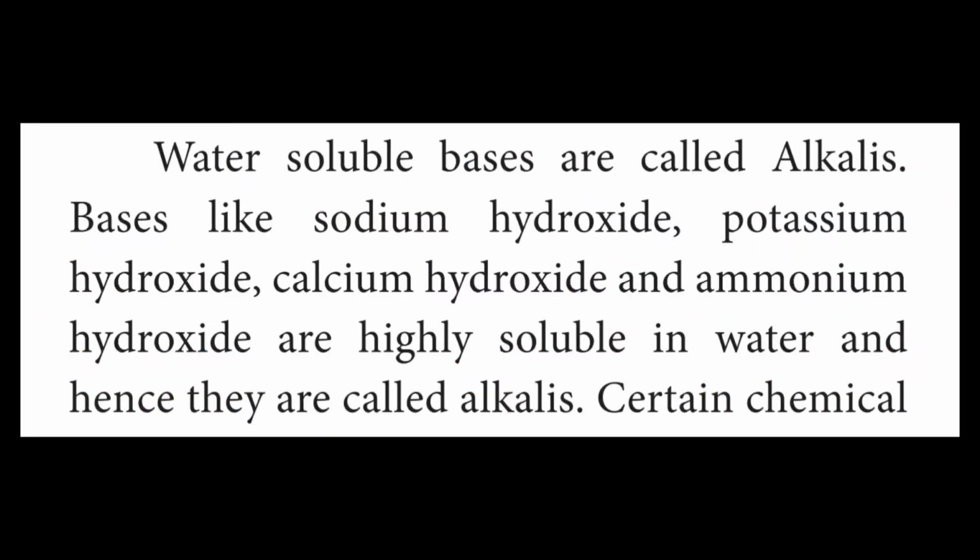Some bases are soluble in water. So, water soluble bases are called alkalis. Bases like sodium hydroxide, potassium hydroxide, calcium hydroxide, and ammonium hydroxide are highly soluble in water and hence they are called alkalis.